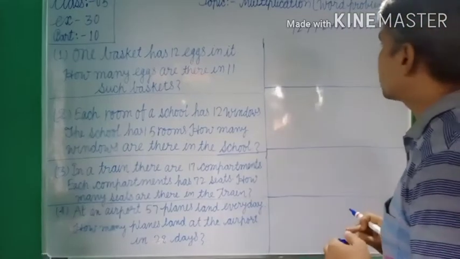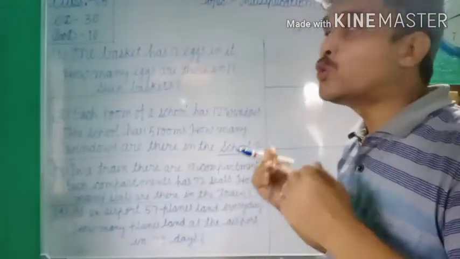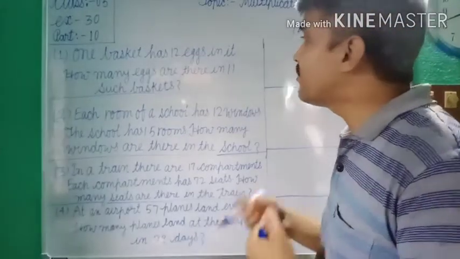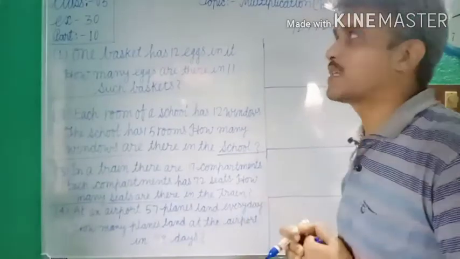When you add 12, 11 times, then you get the total number of eggs in 11 baskets.